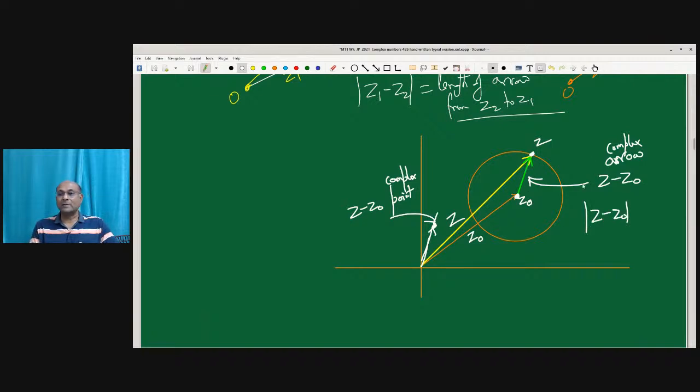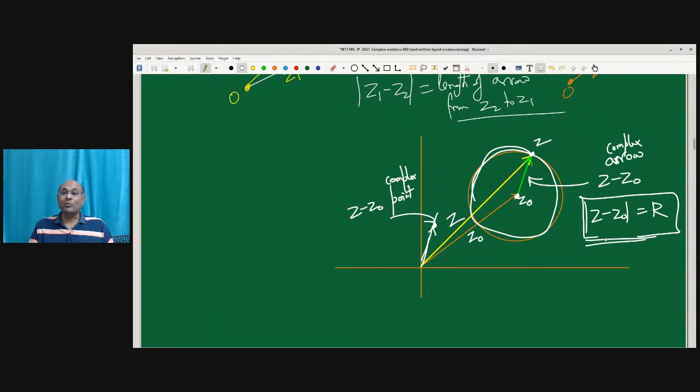Well, that is equal to the radius. So as this Z moves around, the magnitude of Z minus Z0 is R. It will always be true, if I was here or here or here, as Z moves around, the magnitude of Z minus Z0 is R. So modulus of Z minus Z0 equals R is the equation of a circle with radius R.